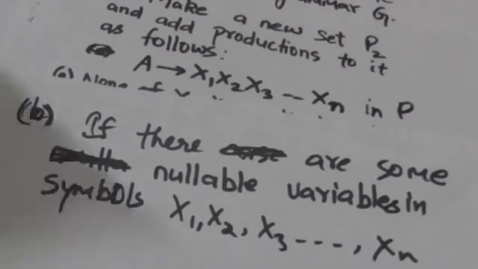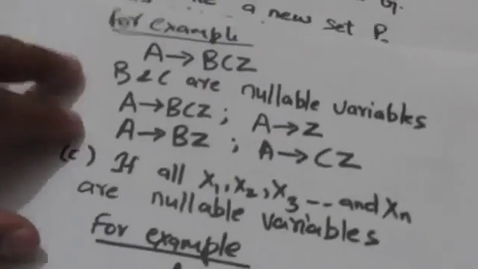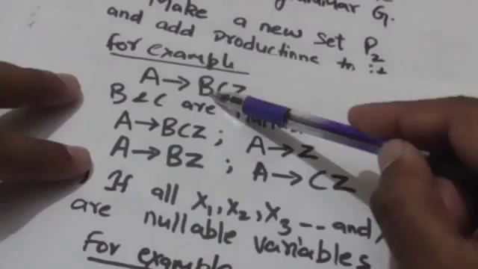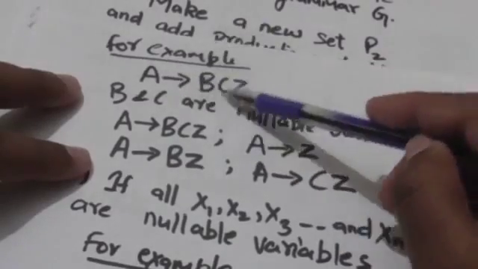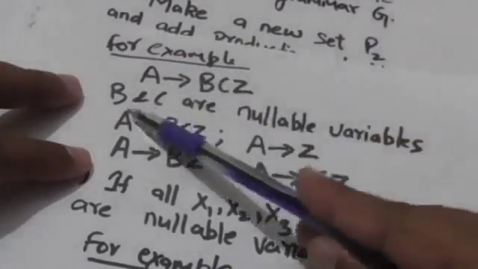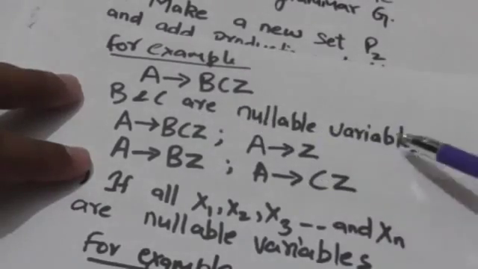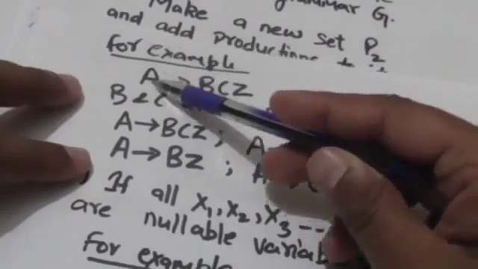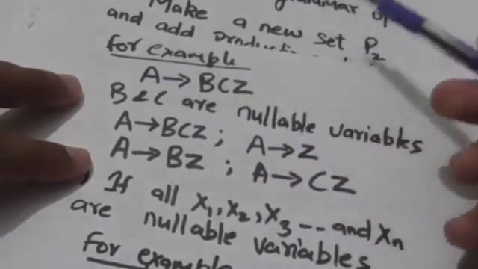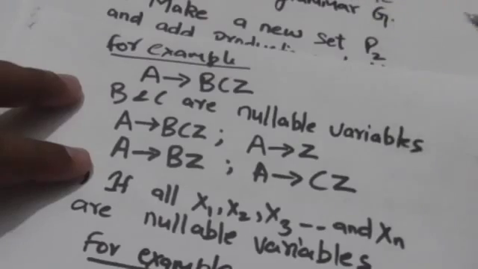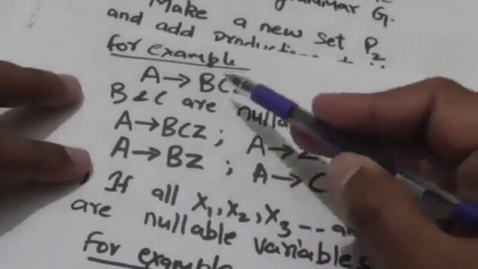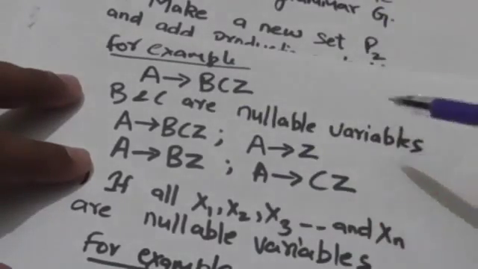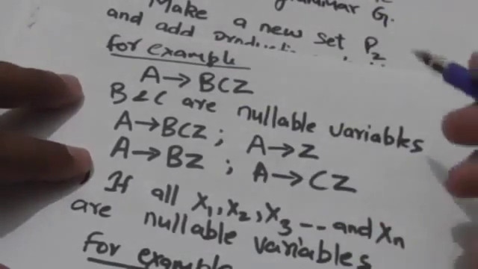For example, if there is a production in P, A derives BCZ, where B and C are nullable variables, then we will add production A derives BCZ to set P2. Along with this production, we will add other productions also to set P2.